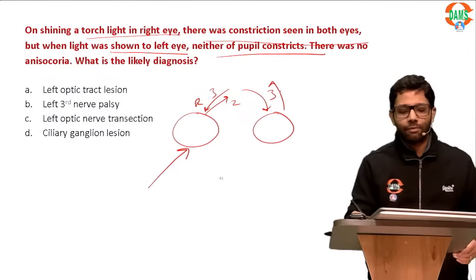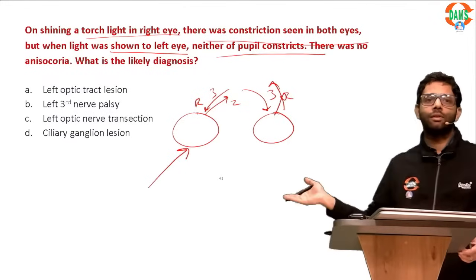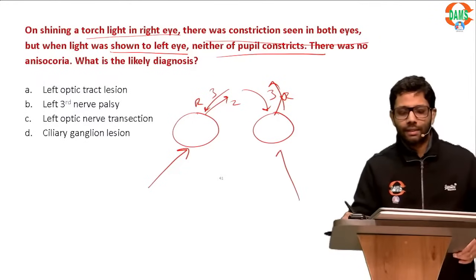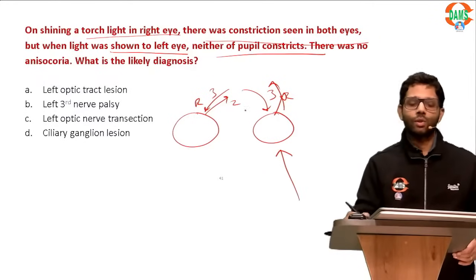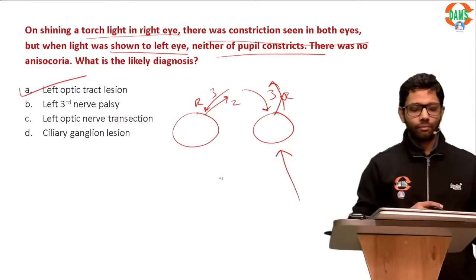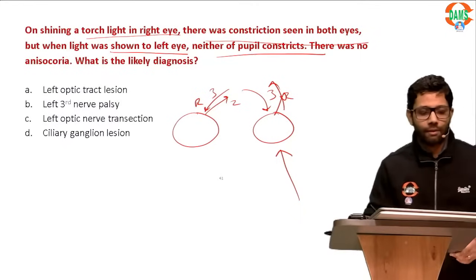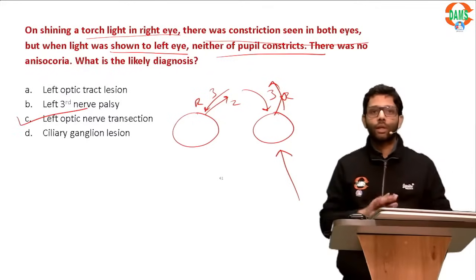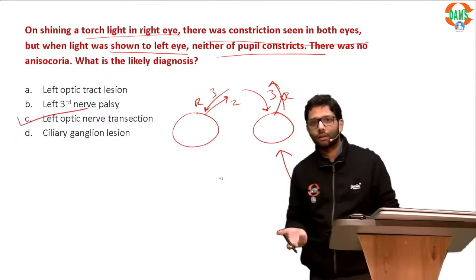The only thing left is left second nerve. If left second nerve is transected, means totally cut, you throw the light in this eye, afferent is lost, so neither pupil will constrict. So answer has to be left optic tract lesion. Sorry, left optic nerve transection. Optic nerve is cut, totally cut, not partially, totally cut.